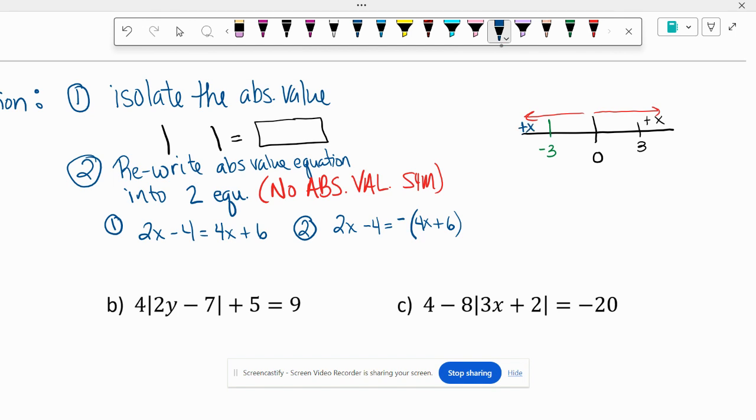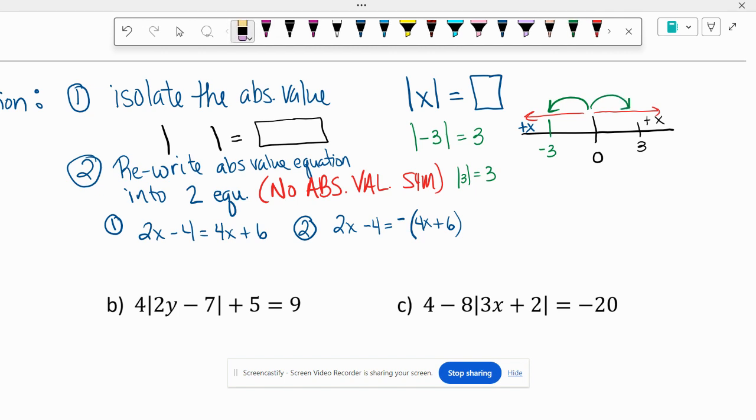So when you think about the absolute value of x equals a positive number, right? Well, what if I said, what's the absolute value of negative 3? The absolute value of negative 3 is 3, but the absolute value of positive 3 is also 3 because we have to work from both sides of 0. We have to work on the positive and the negative side.